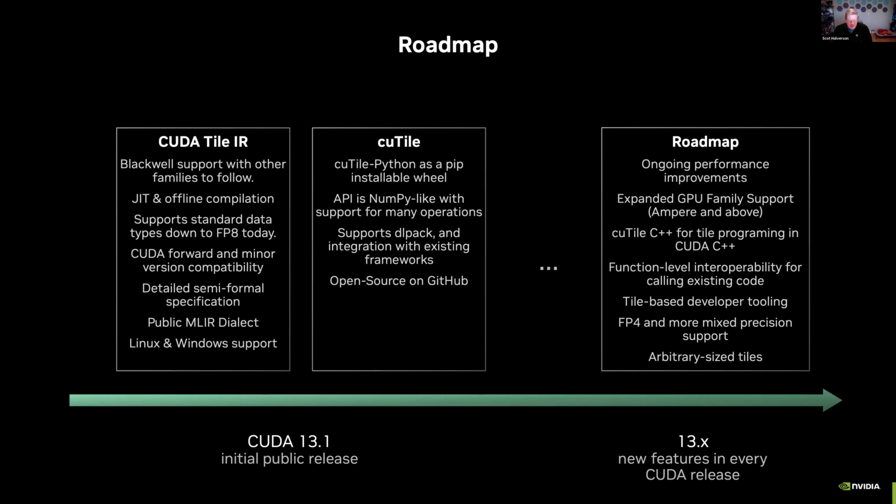I believe there's an internal implementation that goes back to Ampere, but the performance is probably not at a level where we're comfortable exposing that to users, especially as users on, say, Perlmutter might use this as their first introduction to cuTile and see relatively poor performance on that architecture when the architecture fundamentally wasn't designed for this. So the idea is, we want users to have not only a good programming experience, but a good performance experience as well. And if the initial release would not support that, then we're going to avoid that.